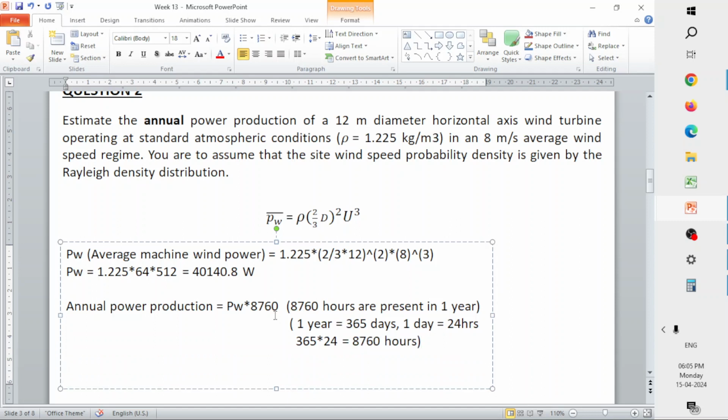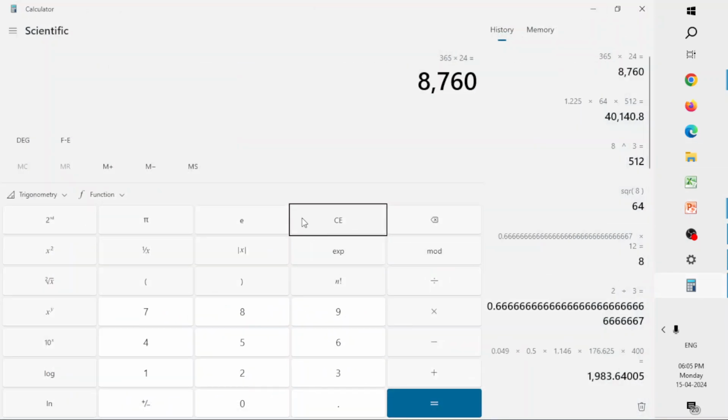Now we calculate the annual power production as PW, which is 40140.8 watts times 8760. So it's just about multiplying.